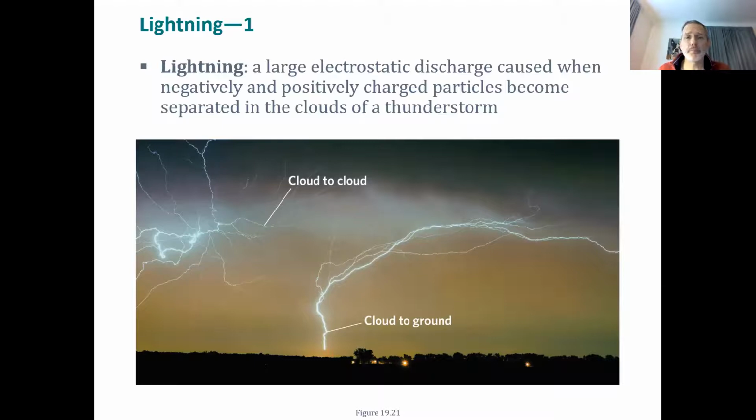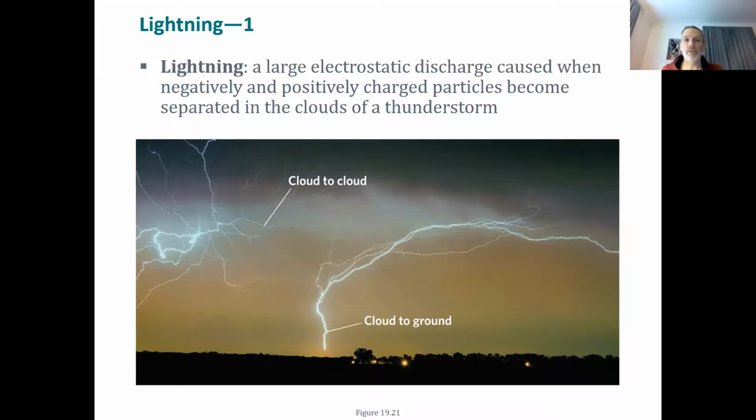Lightning is caused from the electrostatic discharge when negatively and positively charged atoms, positively charged atoms are called ions, become separated from the clouds of a thunderstorm. And it doesn't have to be clouds. This static charge is the exact same thing.